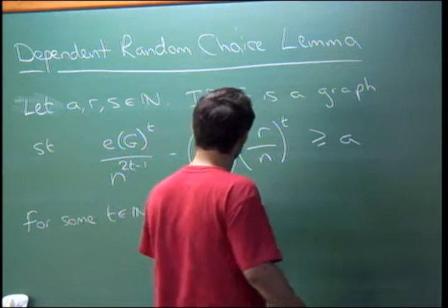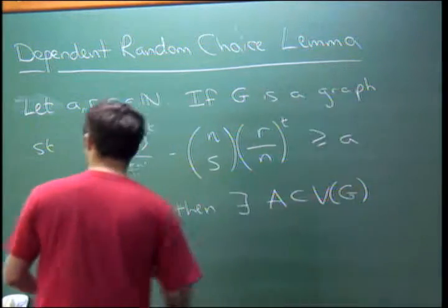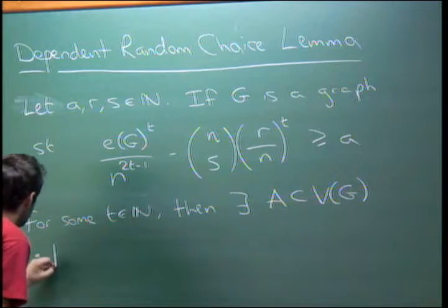Then there is a subset of the vertices of G with the following properties.